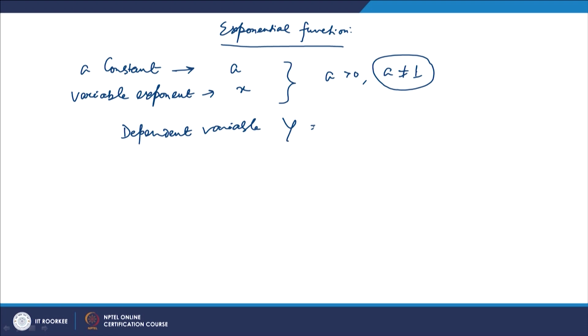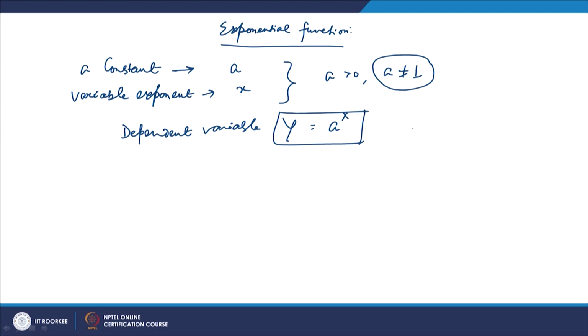Suppose something is growing at a certain rate. If you have one independent variable x, that can be expressed like a raised to the power x. You have one dependent variable y, and this will depend upon x.